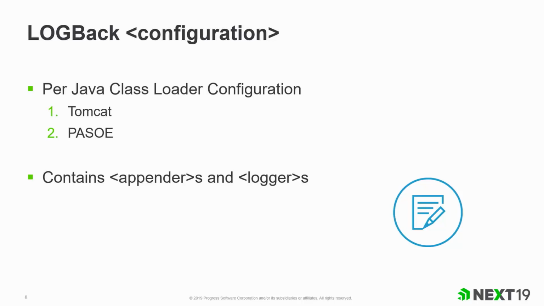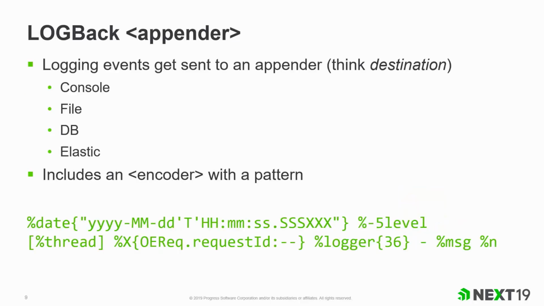So what's in a configuration? The configuration contains some things called appenders and some things called loggers. So what's an appender? If you're thinking about trying to get a mental model of an appender, think destination. Where are my log messages going to? And that can be multiple places.